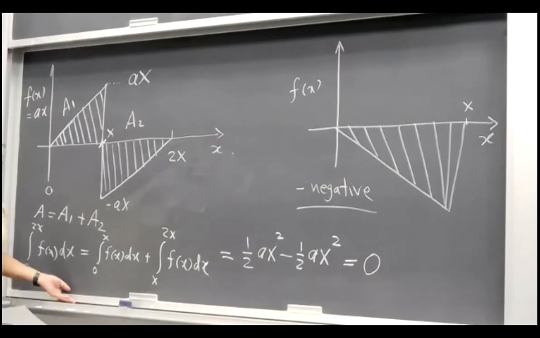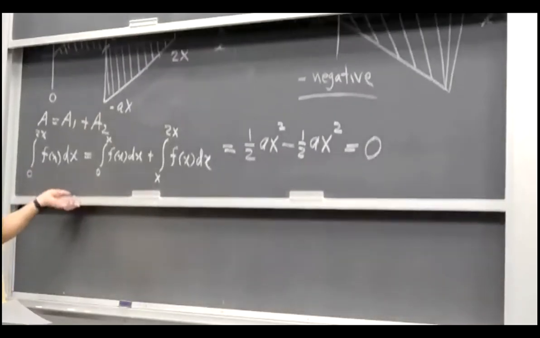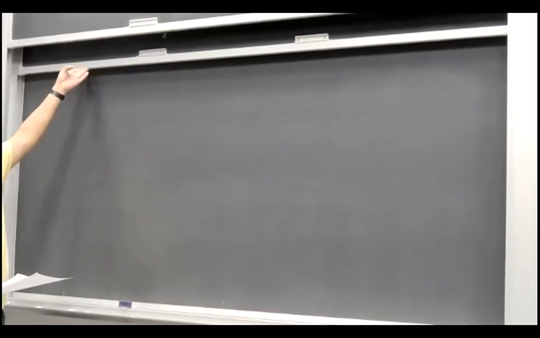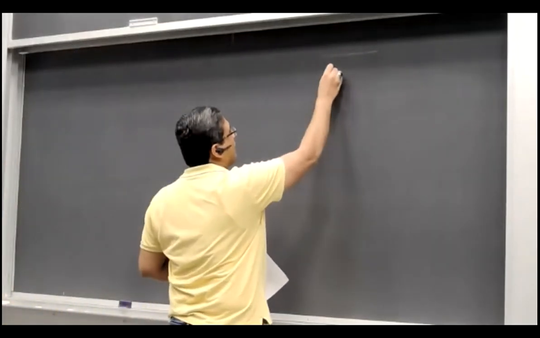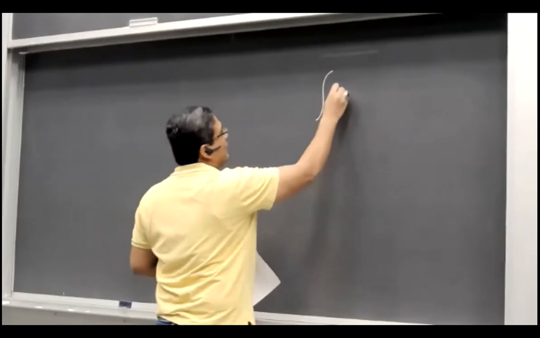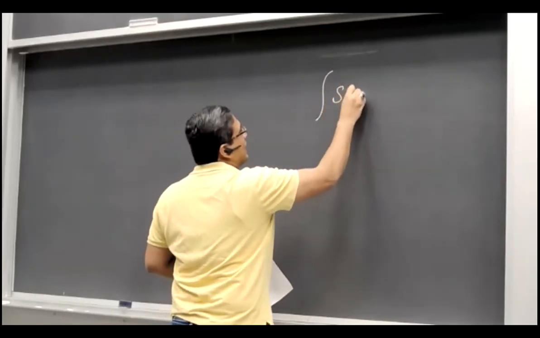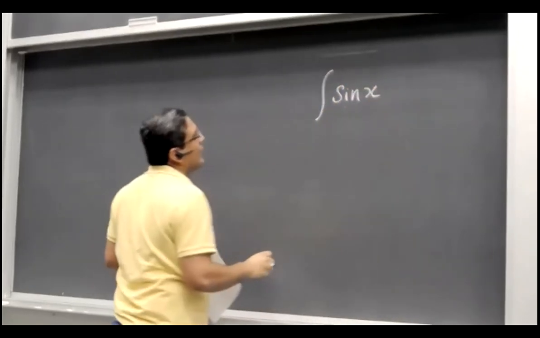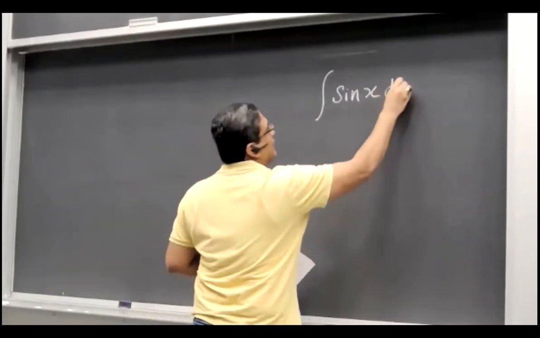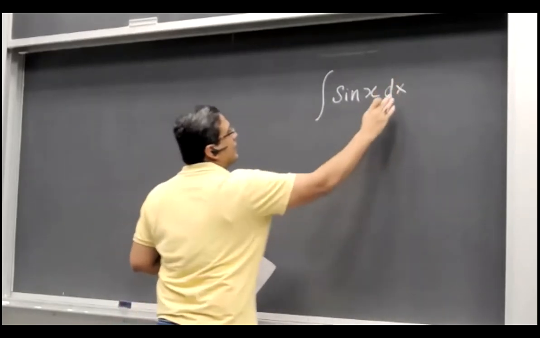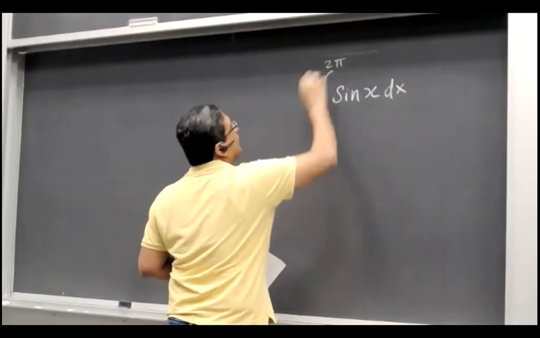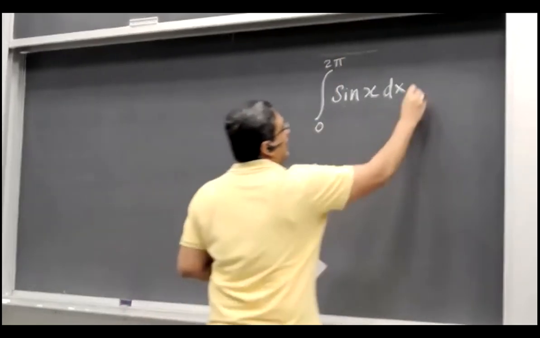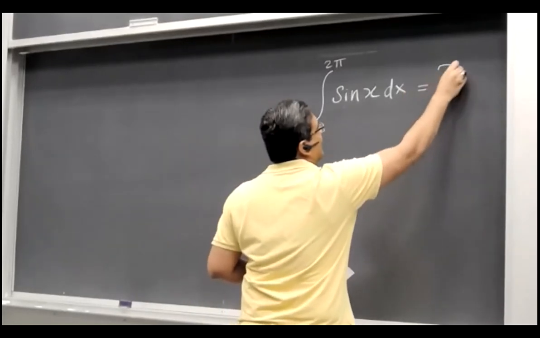Now this becomes more interesting if you assume a more realistic function. Let's say, and this is an exercise for you to think about and do it, that you have sine x, and you integrate from 0 to 2 pi and see what is the answer.